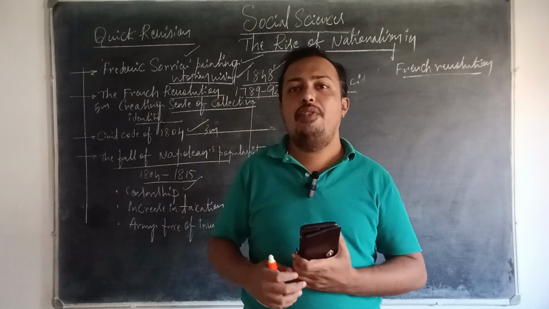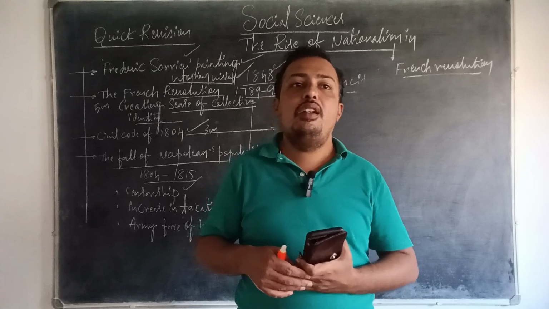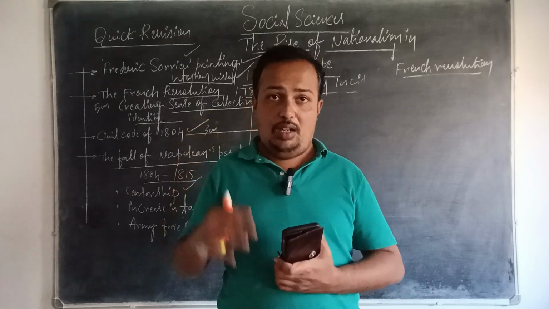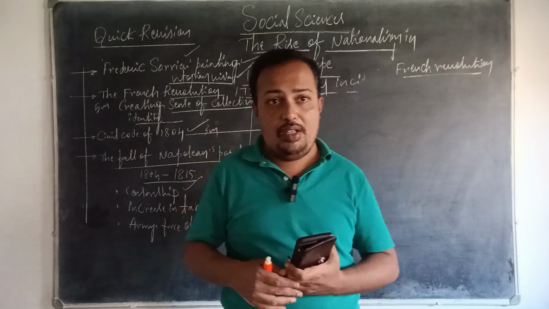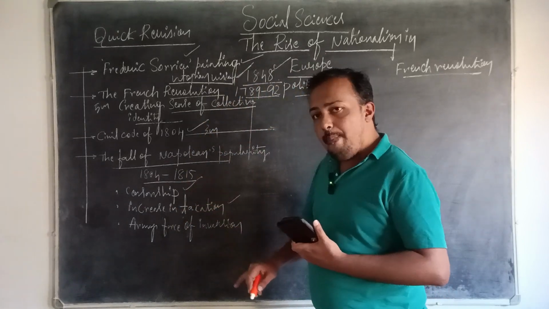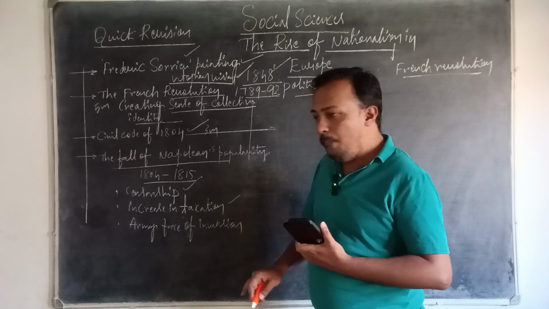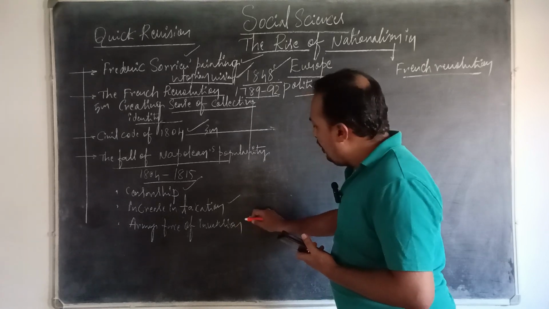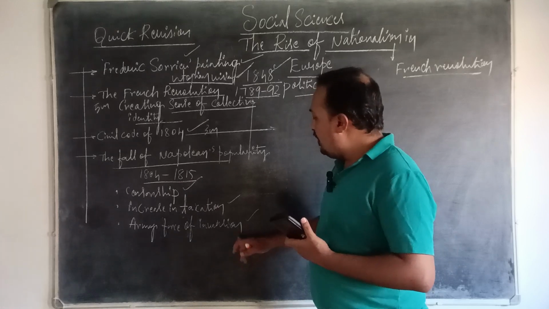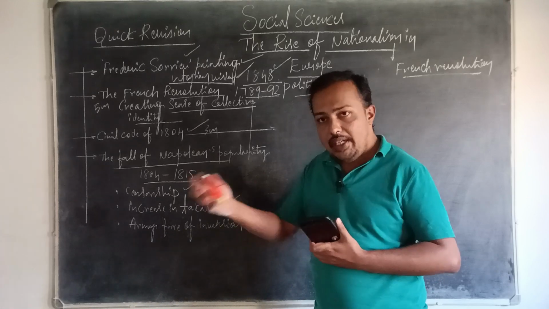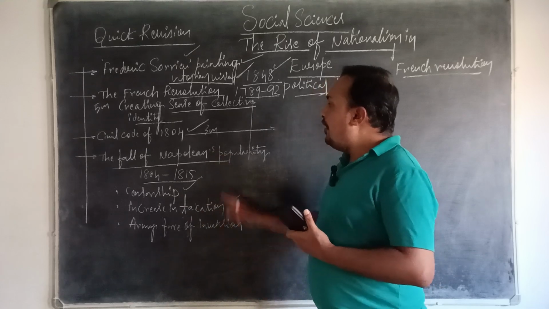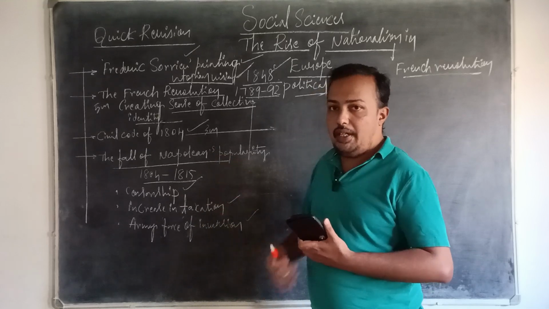Forceful conscription to the French army made the people reject the administration of Napoleon Bonaparte. So these three prime factors, introduction of censorship, increase in taxation, and the French army becoming the force of invention as they were forcefully dragging people into the army, led to the fall of Napoleon's popularity.